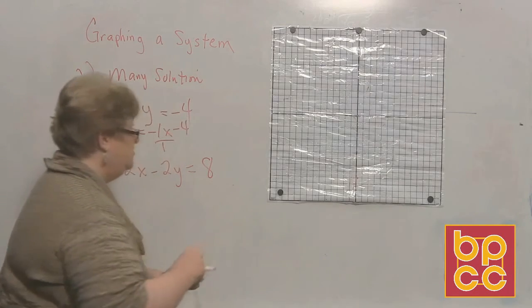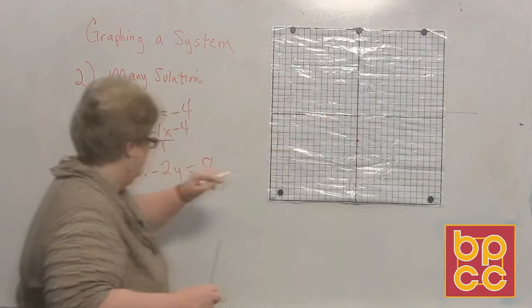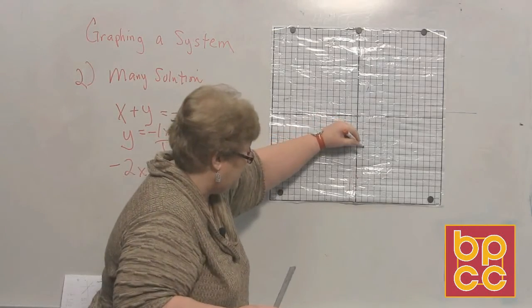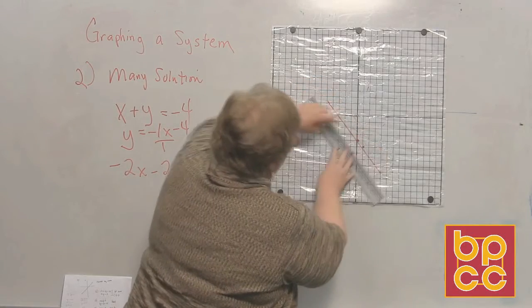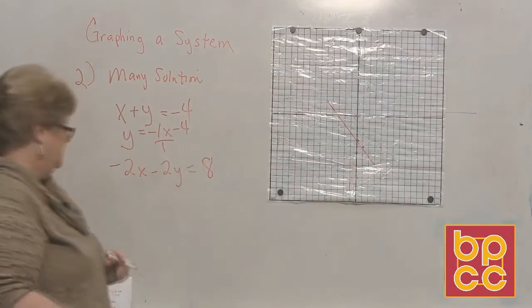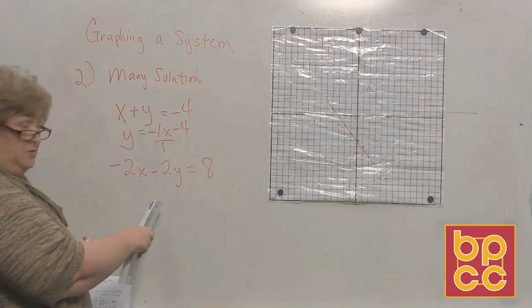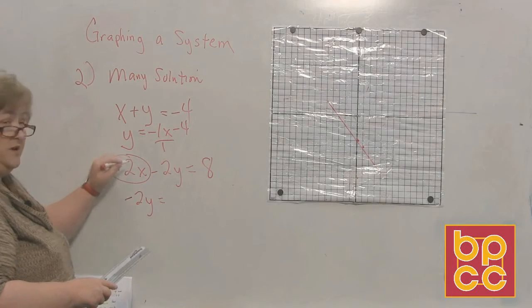So to a negative 4, 1, 2, 3, 4. And then down 1 to the right 1, down 1 to the right 1, and we have a line that looks something like that. Now, this one needs to be put in slope-intercept as well, so let's start with a negative 2y. Negative 2y equal, move him over, what does he become?